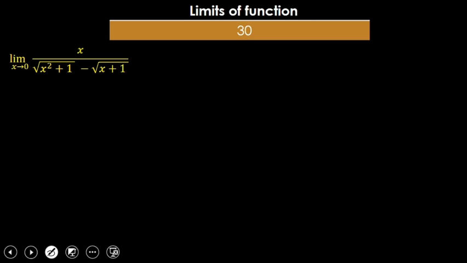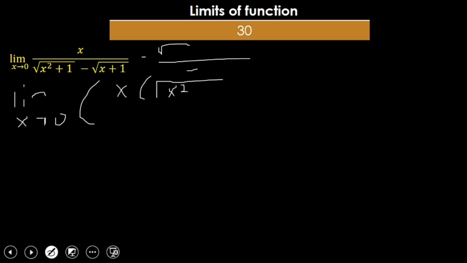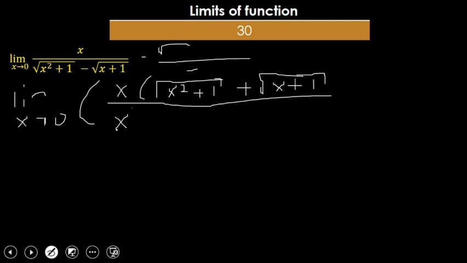Digital error here. I should rewrite. Okay, that is the square root of that all over that. We are going to be having limit x tends to 0 of x into the square root of x squared plus 1 plus the square root of x plus 1 all over x squared plus 1 minus x minus 1.